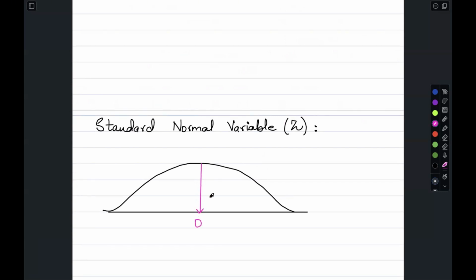So let's say this value is 0, and these 1, 2, and 3 are standard deviations away from the mean. And these values are basically called the z values. So this will be -1, this will be -2, and this will be -3.